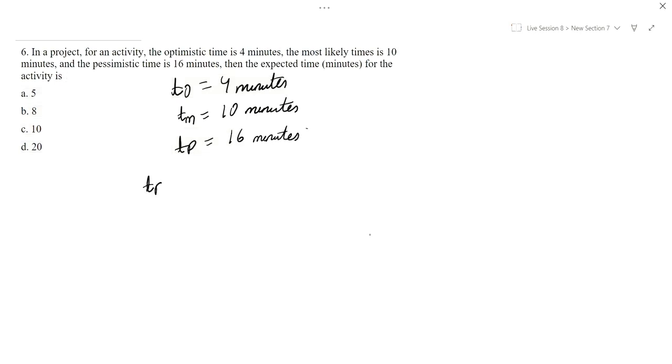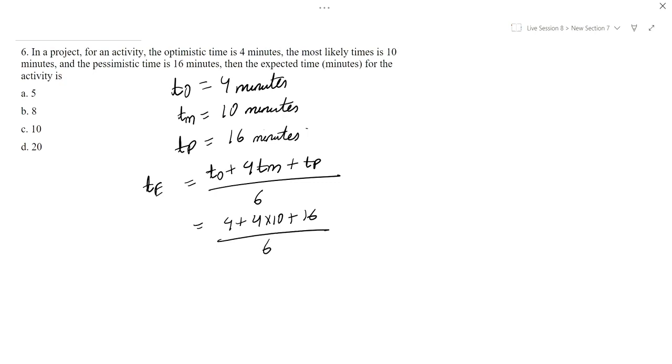Now the expected time is equal to T naught plus 4Tm plus Tp by 6, which is 4 plus 4 into 10 plus 16 by 6, equal to 60 by 6, equal to 10 minutes. The correct option is C.